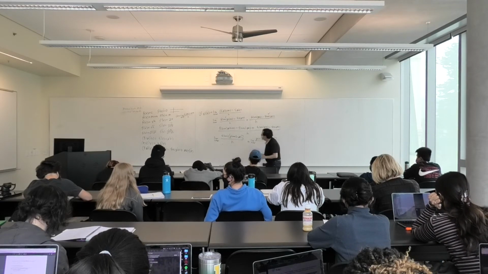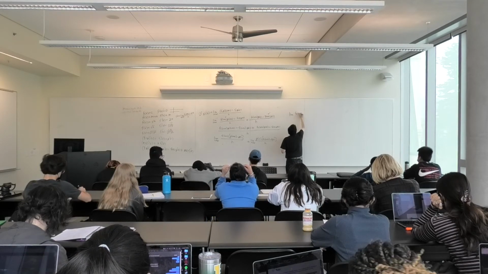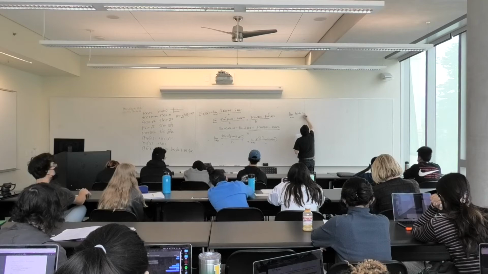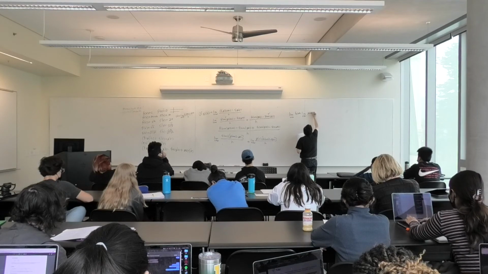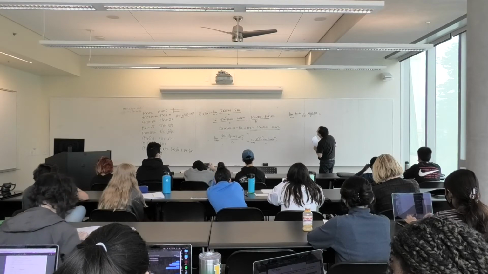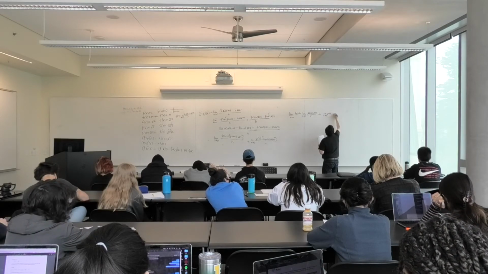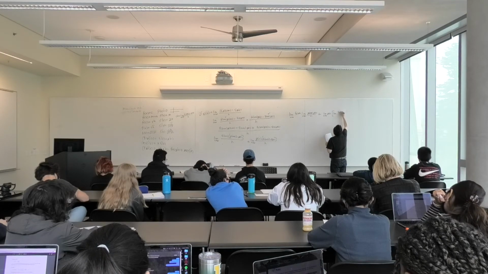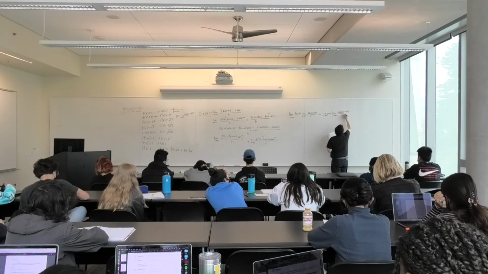Well, this is the limit of f of x plus h times the limit of g of x plus h minus g of x over h, plus the limit of g of x times the limit of f of x plus h minus f of x. Okay.